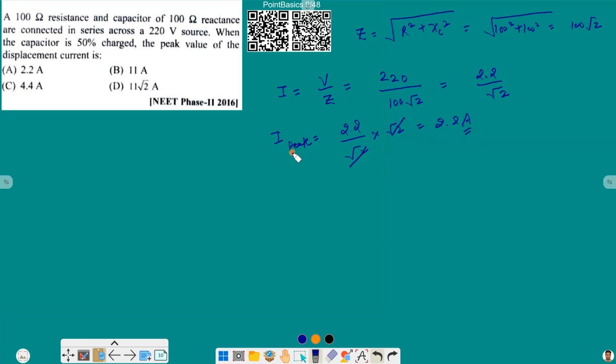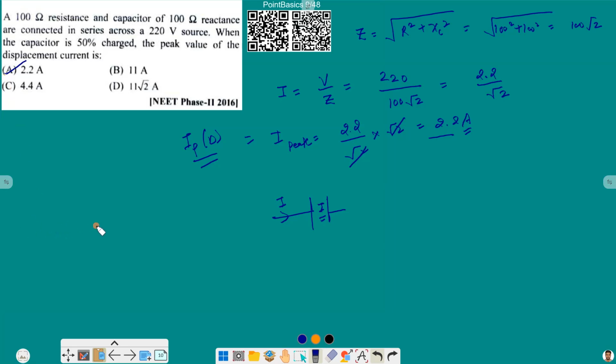Now we know that the normal current, the peak current, is equal to the displacement current, just at a different location. If I current is flowing in the wires, then I current will be flowing inside the capacitor in the form of displacement current. So this will be equal to the peak displacement current, that is 2.2 ampere here. So option A will be the right answer.